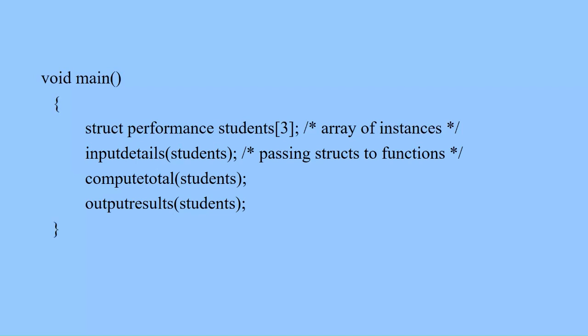And that's all with the main function. So those are the call statements that will be invoked to execute the tasks being performed by the various functions. That is the input details function, compute total function, and output results function.